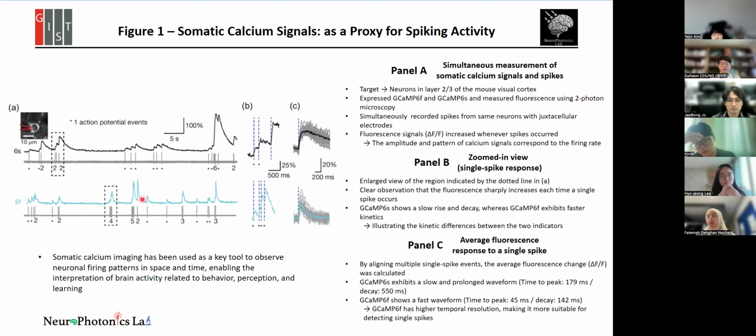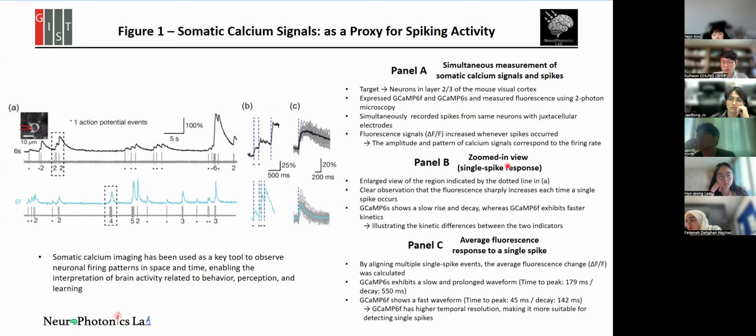Figure 1 describes the experiment that quantitatively examines how accurately the in vivo somatic calcium signals reflect neuronal spiking activity.